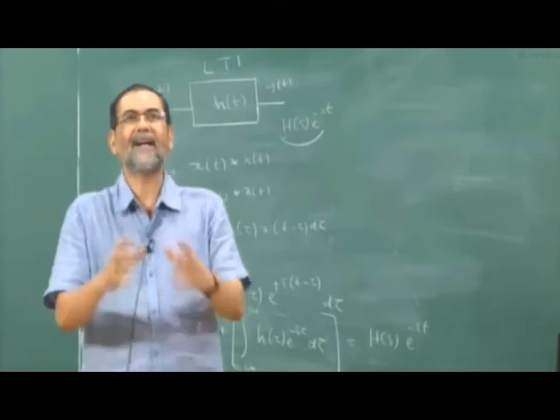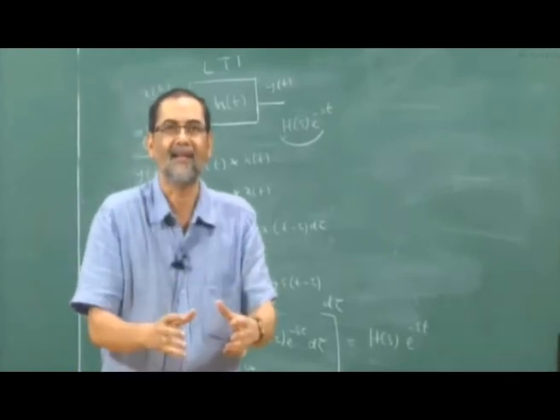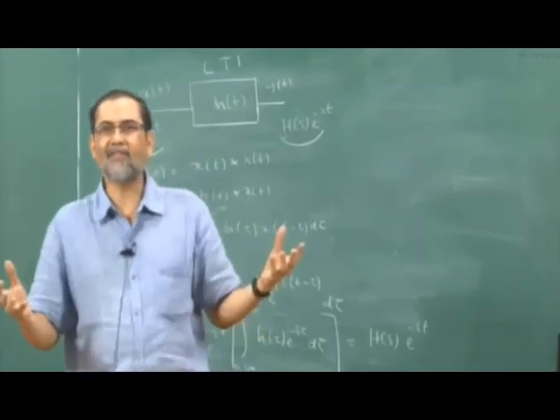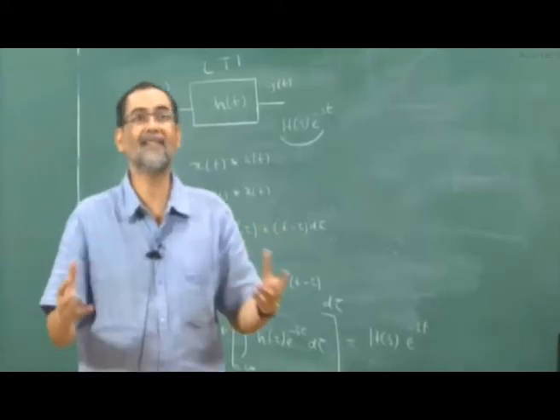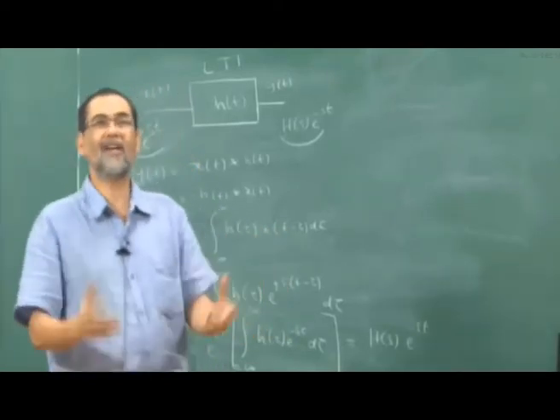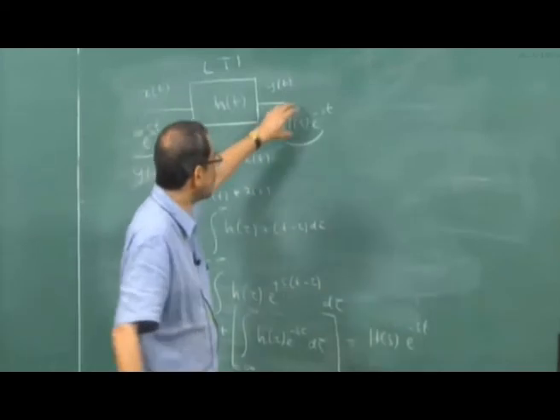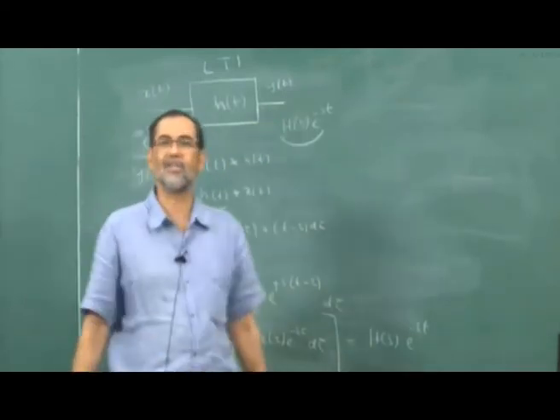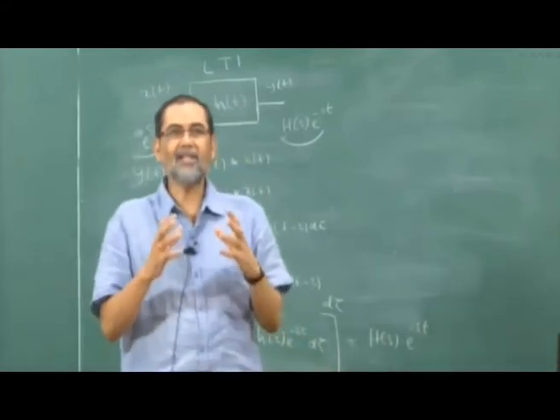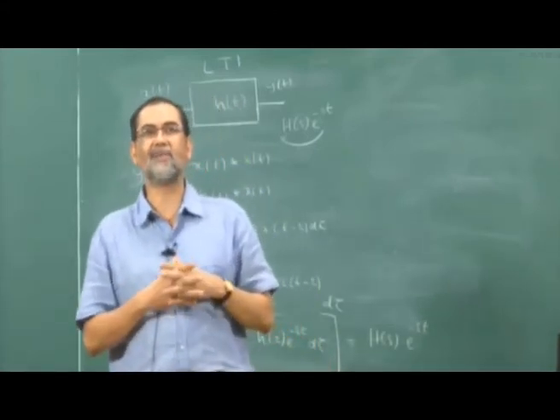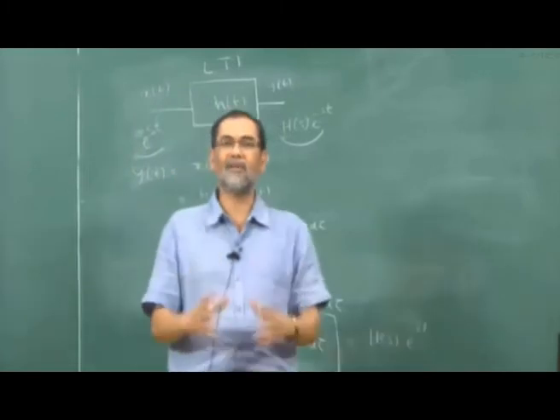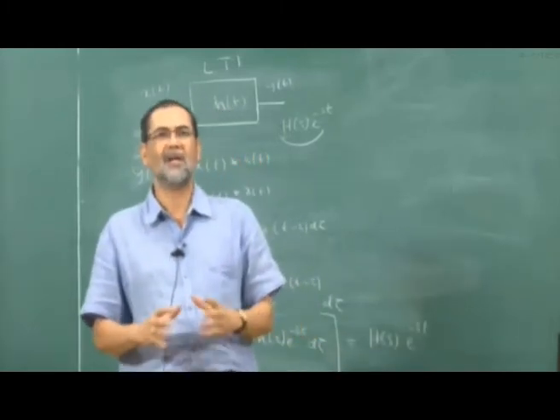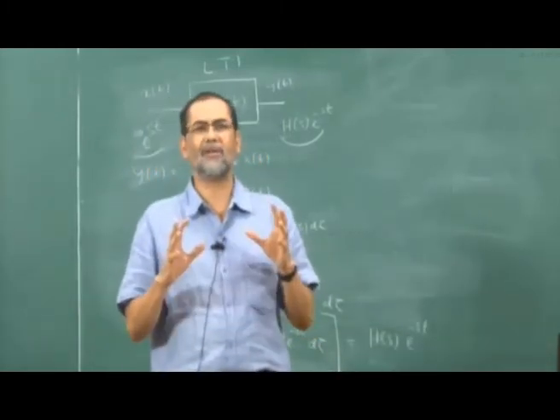At the output I get the same frequency, maybe the voltage is different, maybe the phase is different. Voltage and phase are captured by this complex exponential, and they undergo change. So this feature, that linear time invariant systems preserve frequency, is very important.